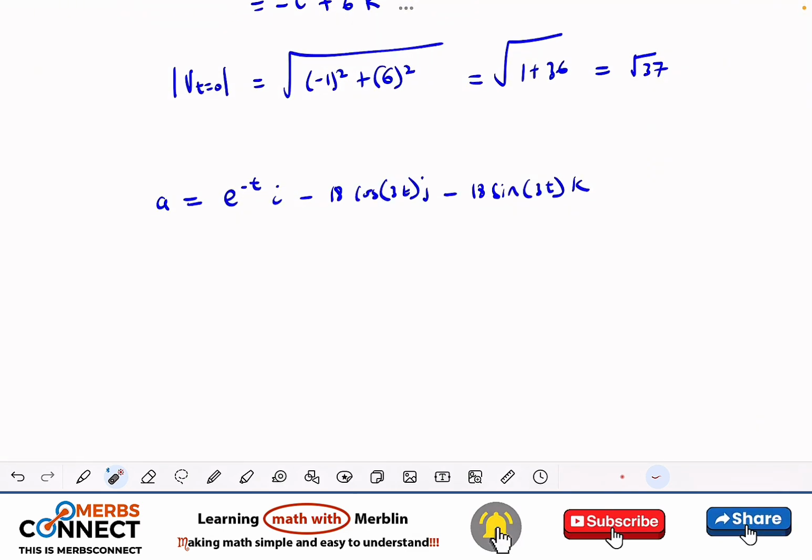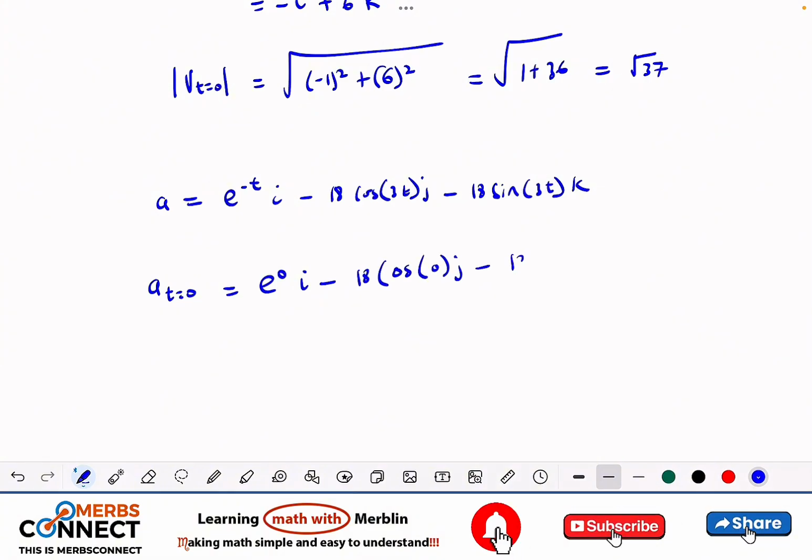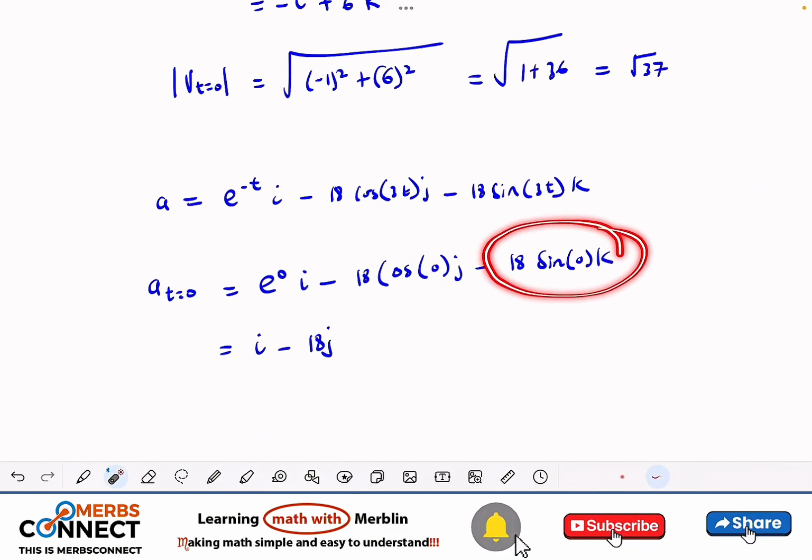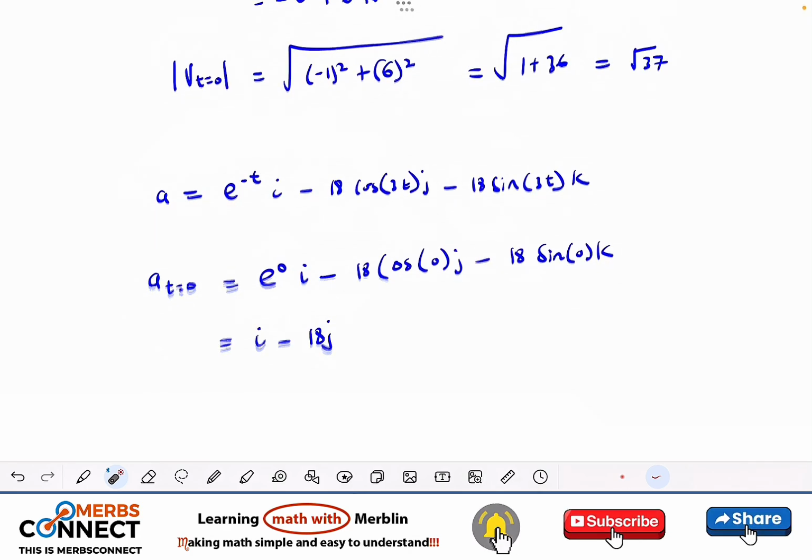So if that's the idea, then we do the same thing. We find this at 0. So this is going to be e to the power 0 i minus 18 cos 0 j minus 18 sine 0 k. So this is going to be i minus 18j. And this will vanish to 0 because sine 0 is 0.